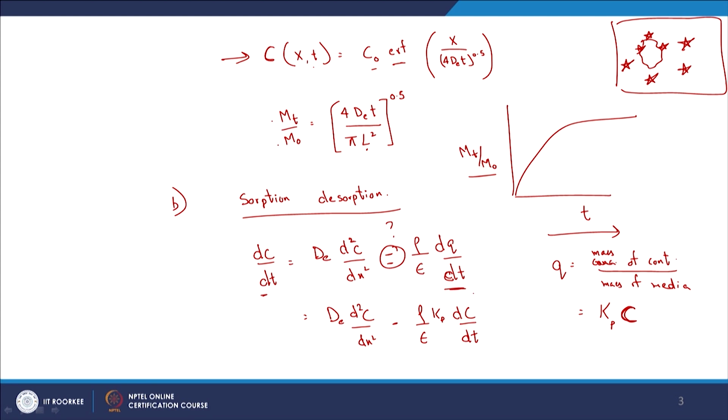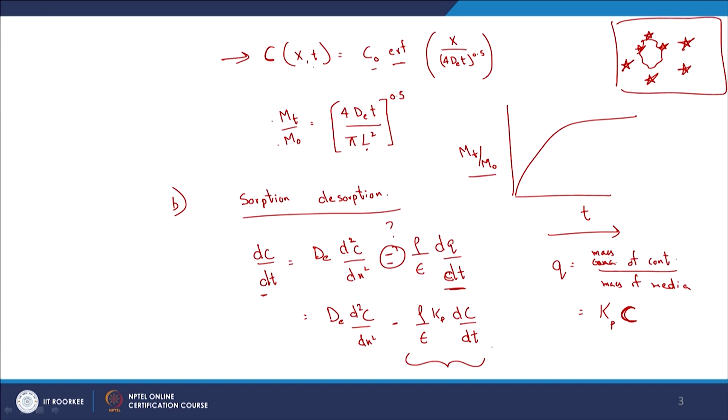So, plugging this in, let us see what we have. We have dC by dt, and taking this term out to the left, again we do not need to mug stuff up, but we need to understand where we are coming from, is equal to the dispersion coefficient over R times the second derivative, and this obviously, if you remember, is the retardation coefficient.